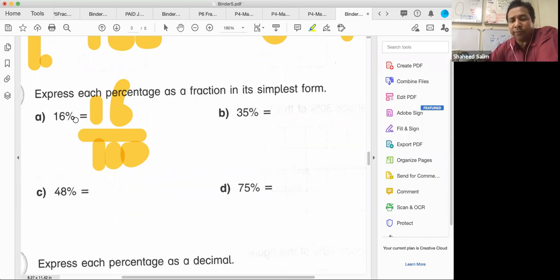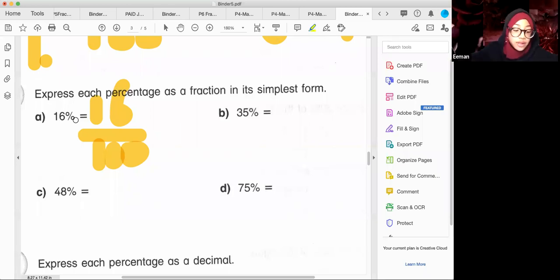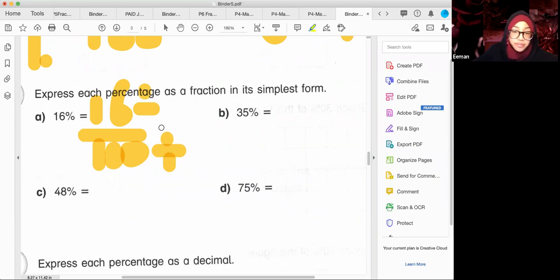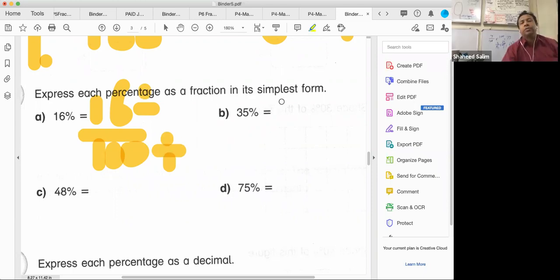So, what's the answer for A, Iman? Seven over 20. Can divide by 5? Cannot divide by 5. No, I thought you asked me to do B. Oh, B, 7 over 20, correct.